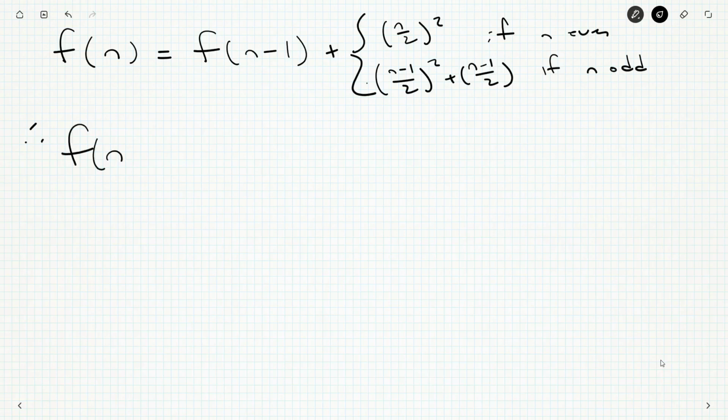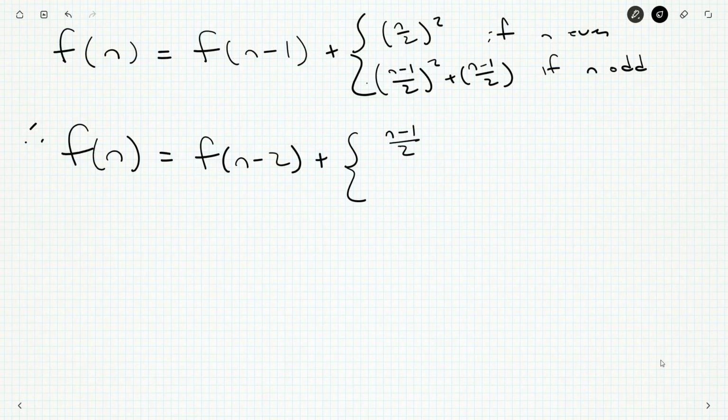That tells me f of n is, and I'm going to write this f of n minus 2 here, plus, and it's going to be either n minus 1 over 2 squared plus n minus 1 over 2 plus n minus 1 over 2 squared if n is odd.